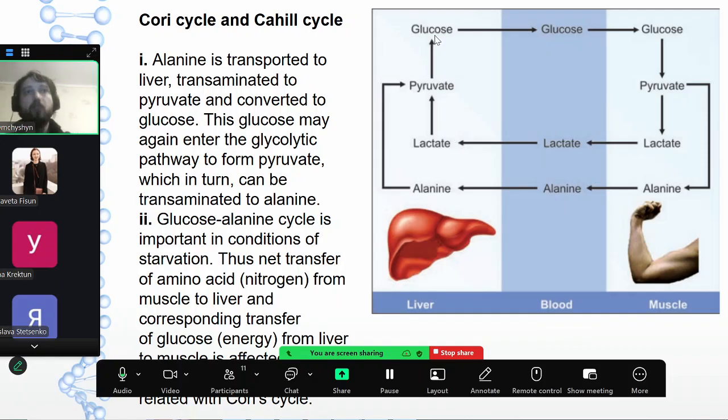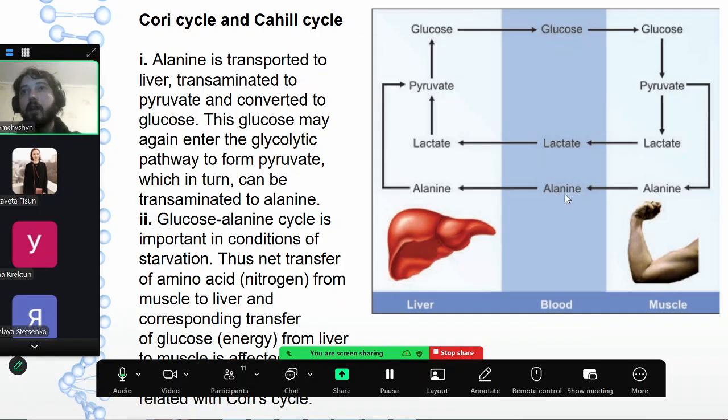Muscles use glucose, they have no time to reprocess it, so they return lactate to the bloodstream, and basically the muscle pain is due to the lactic acid that is generated. The liver transforms that back to glucose and returns it to the bloodstream, and the muscles can once again take up the glucose and use it to perform mechanical work. So that's what we need.